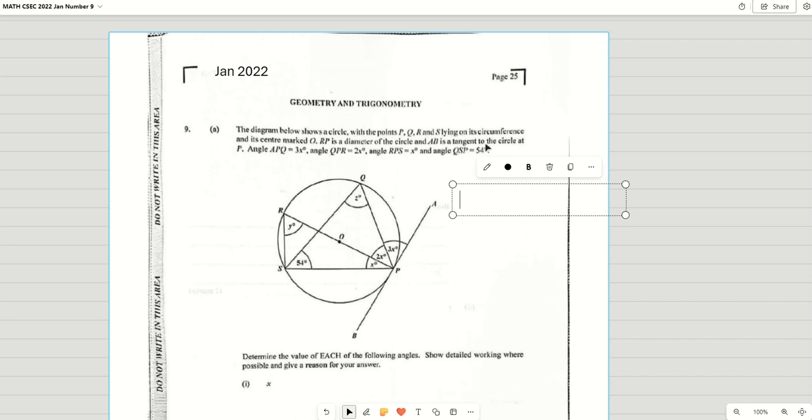We can also see that SP is the chord, and it produces two triangles. And if it produces two triangles, what do we know about that?